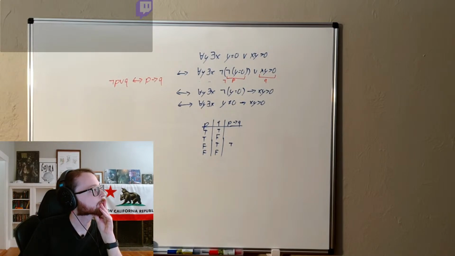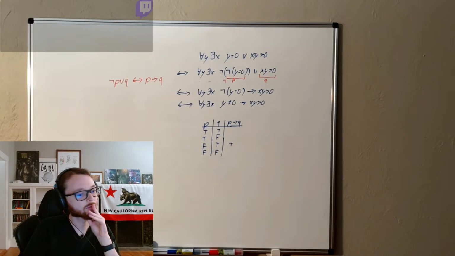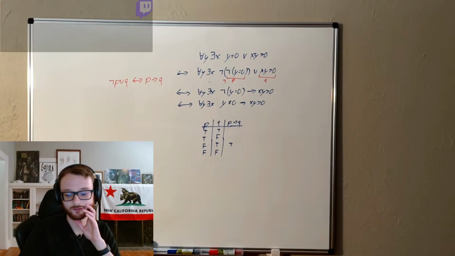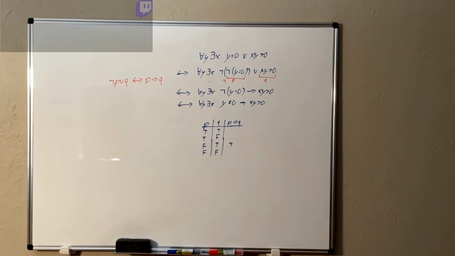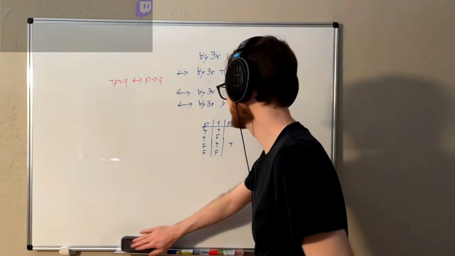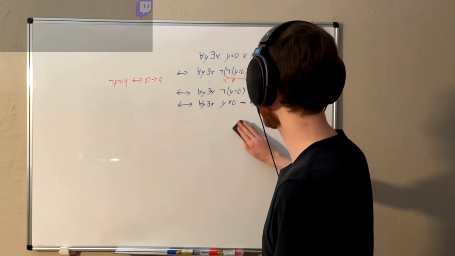I bet we could write out a truth table for this case. Well, a truth table would be a little bit weird, and it's actually probably a misuse of truth tables.